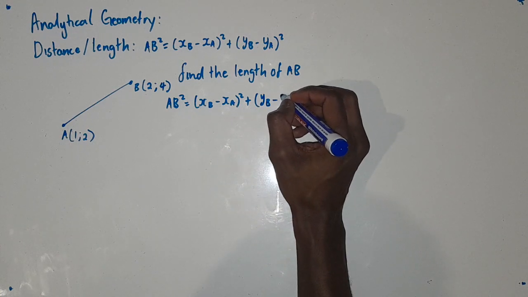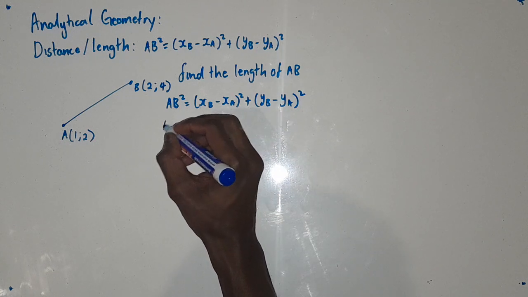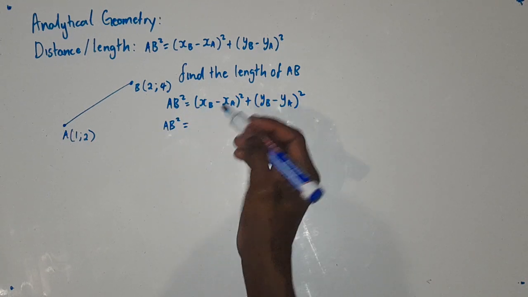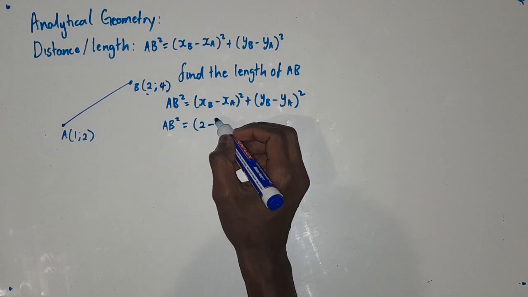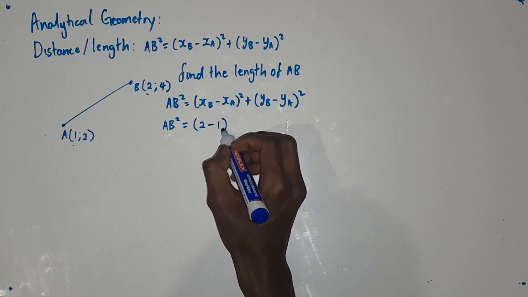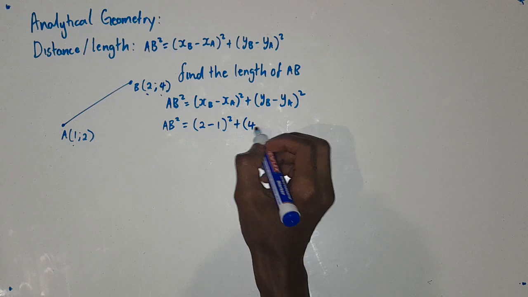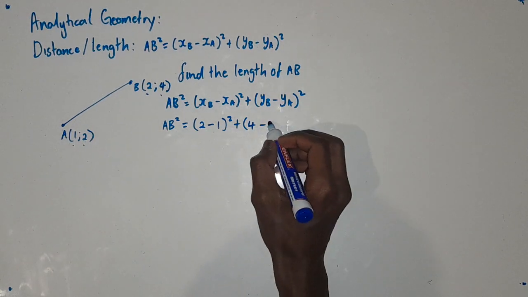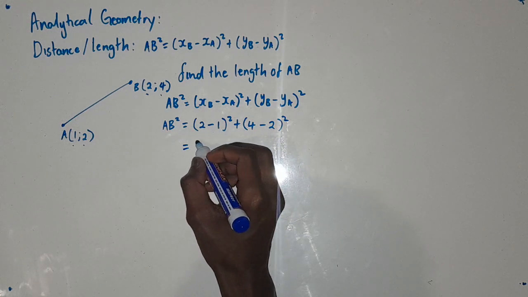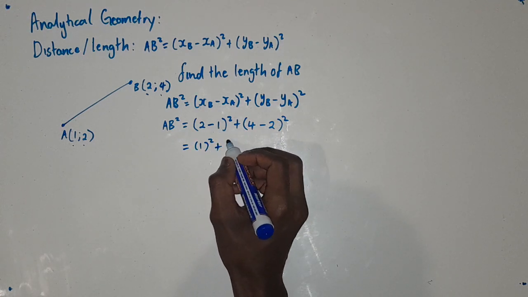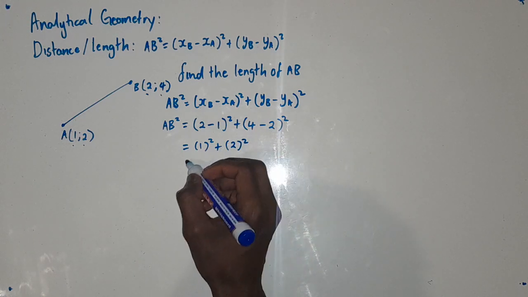For B, we have (2 minus 1) squared plus (4 minus 2) squared. 2 minus 1 is 1 squared, plus 4 minus 2 is 2 squared.